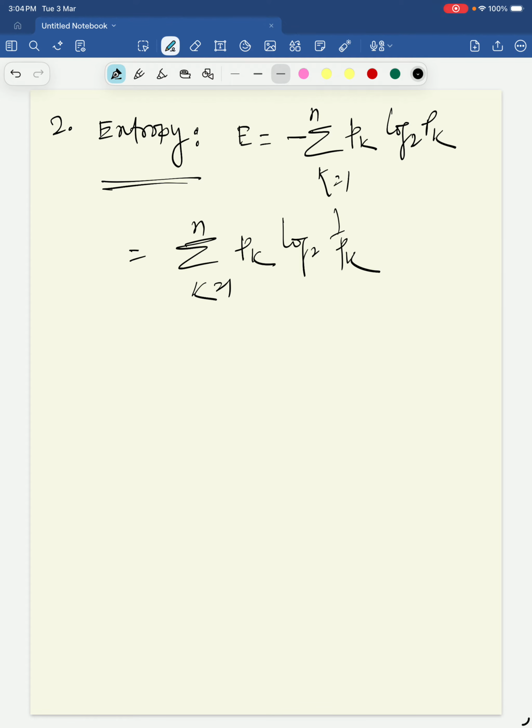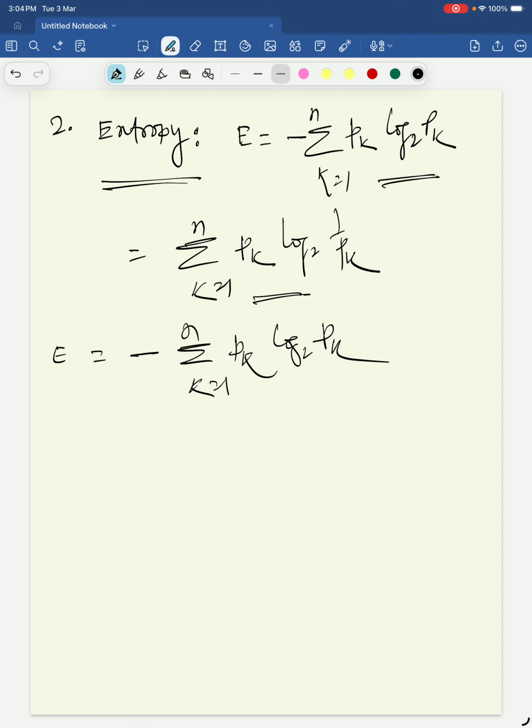Depending on our situation, we can use either one. For now, we are going to calculate using the formula minus summation k equal to 1 to n of p(k) log p(k).